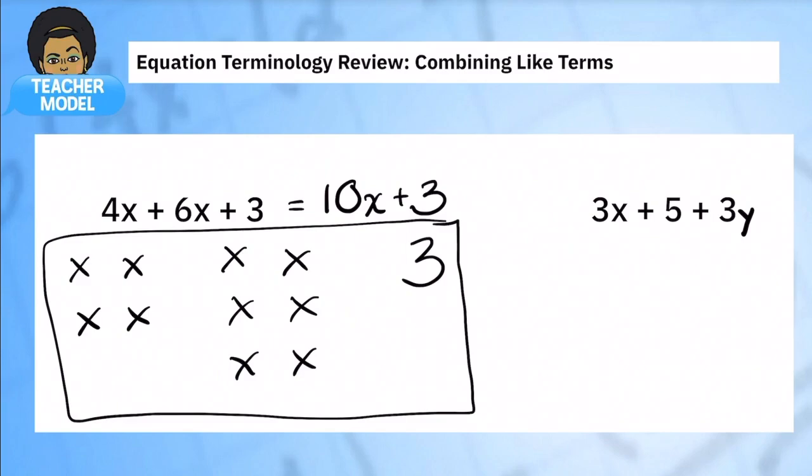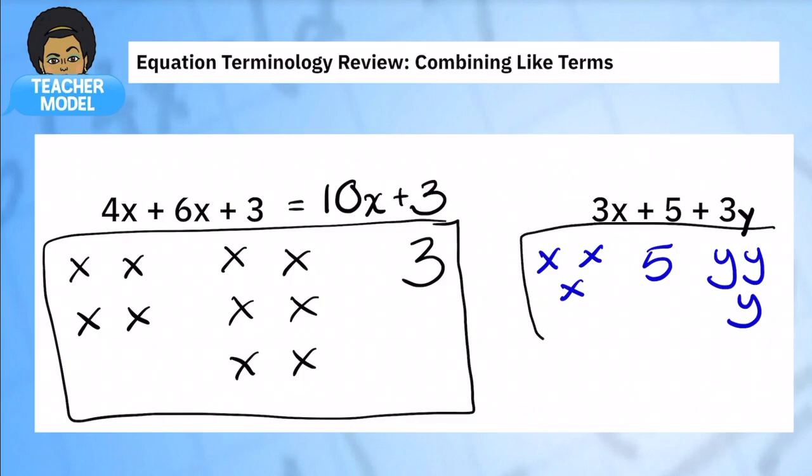Let's look at our ones on the right. Again, we have 3 terms, 3x plus 5 plus 3y. I'm going to do this one in a different color. So again, 3 x's, a 5, and 3 y's. So when we put this together in our group, there's no way I can simplify this any more than I have it.